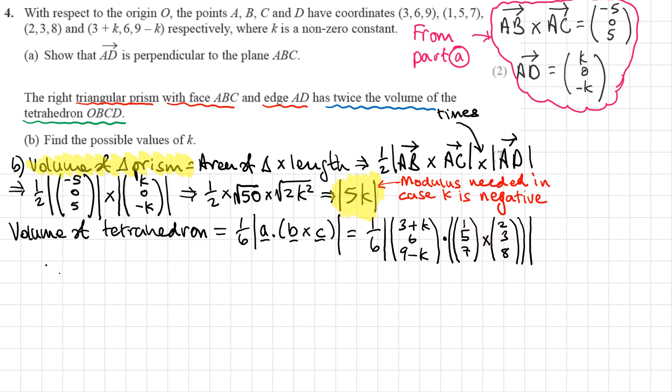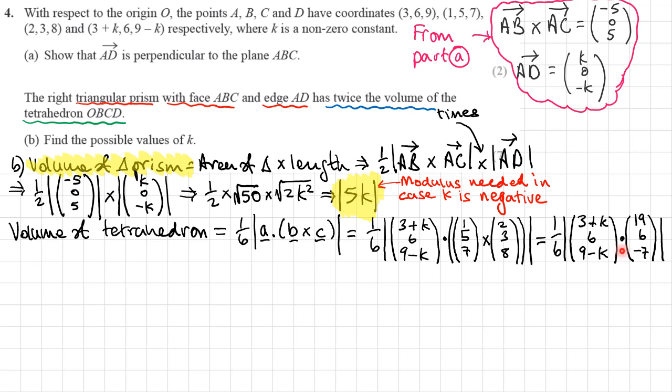So we have i, j, k, 1, 5, 7, 2, 3, 8. Let's do it the quick way. So i, 5 times 8, 40, minus 21, that's going to be 19, so 19i. And then 8 minus 14, that's going to be minus 6, but there's going to be a minus there anyway, so it becomes plus 6j. And then for k, 1 times 3, 3 minus 5 times 2, so 3 minus 10, so minus 7k.